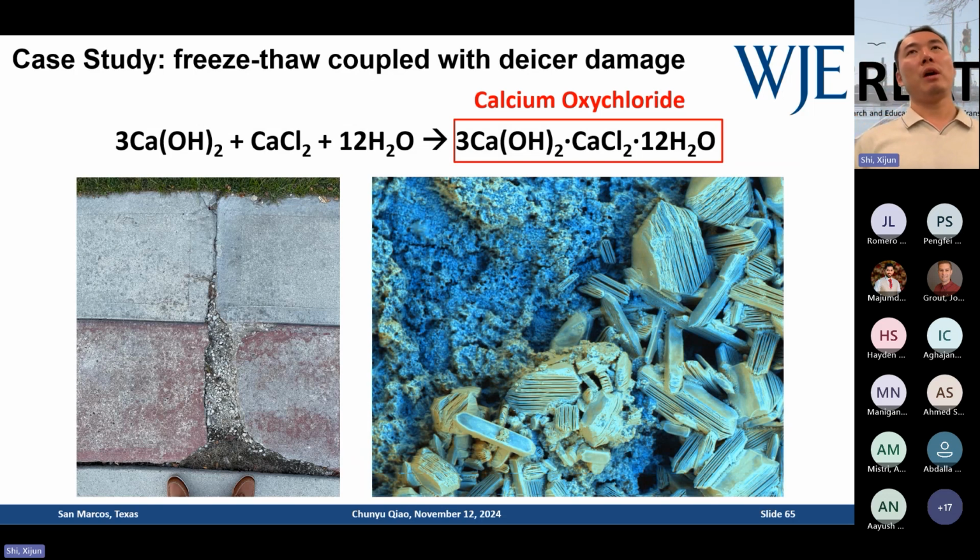But the problem is that one reaction can occur, especially in a low temperature range. Calcium hydroxide, as we say, is a hydration product from cement and water during hydration. At low temperature, it can react with calcium chloride, the major chloride-based salt, and water. It can create what we call a complex salt, calcium oxychloride.